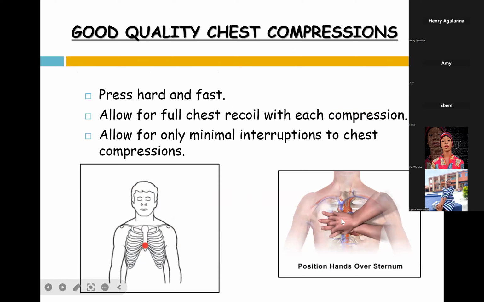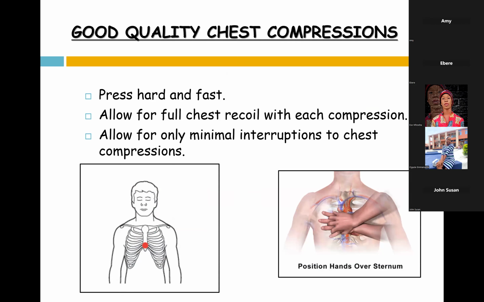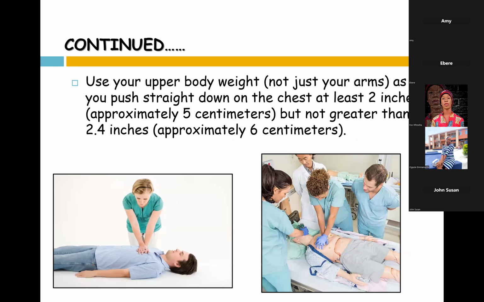If you look at this picture here, that's the exact position of the chest compression. You don't just start the chest compression anywhere. It must be at the correct position for it to have the full effect and not to harm this patient.